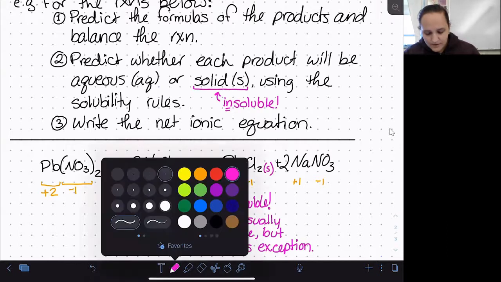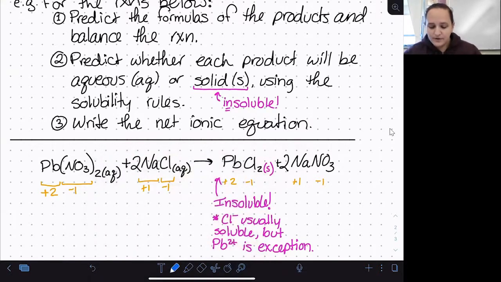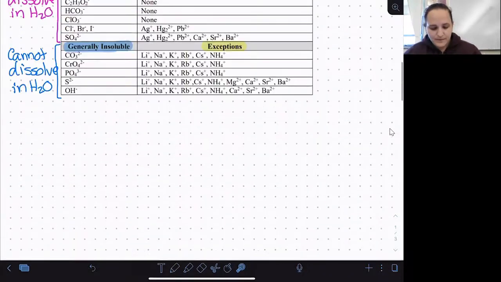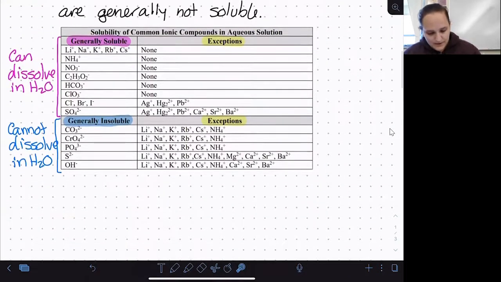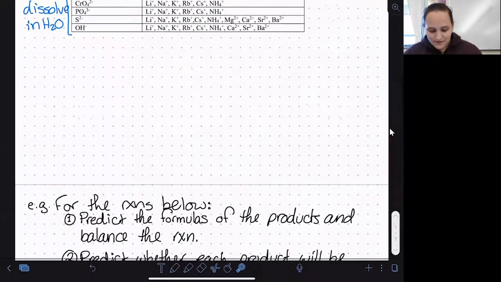Now for the other one, for sodium nitrate, if we look back at our solubility rules, we see that there are rules for both sodium and nitrate, and they're both soluble with no exceptions. So sodium nitrate is definitely soluble.